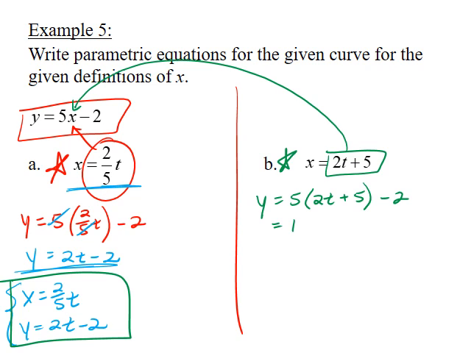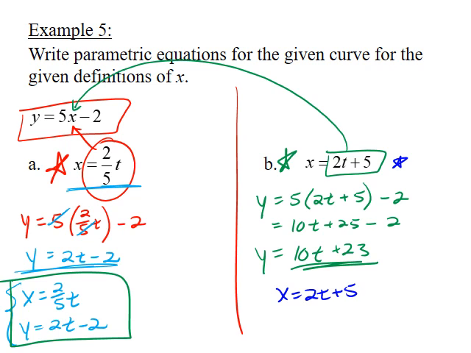So this becomes 10t plus 25 minus 2. So this becomes 10t, so y equals 10t plus 23. So my parametric equations are x equals 2t plus 5, which is given, and y equals 10t plus 23.